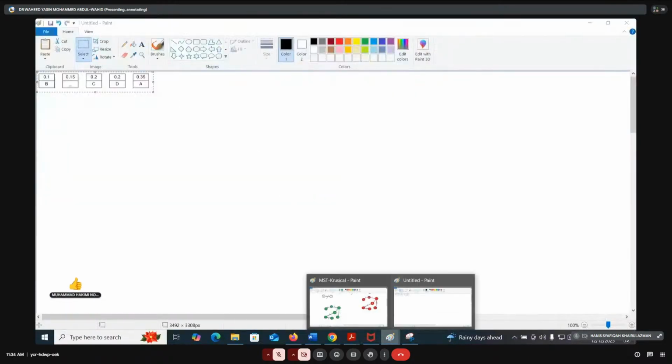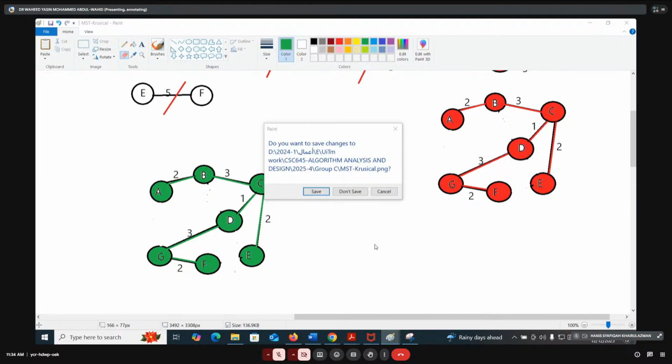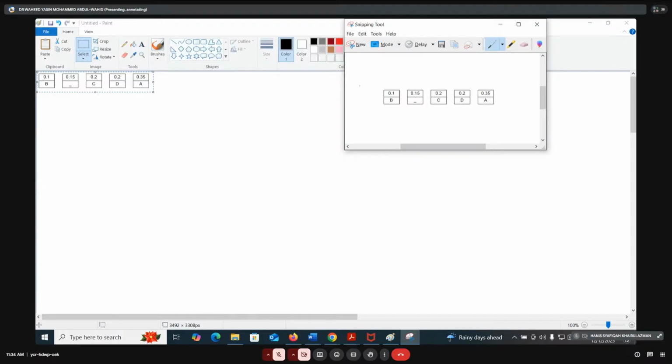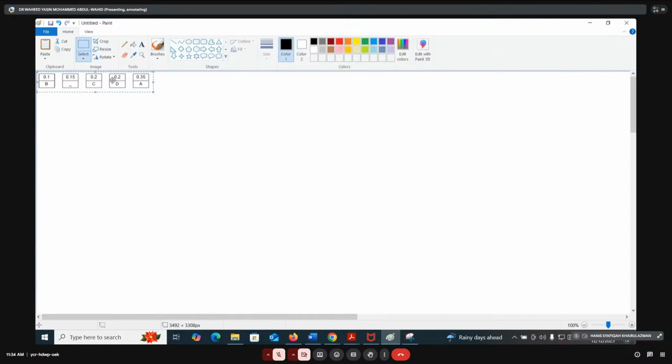Yes. Okay, let me close this one. Okay, now 0.15, how much? The two minimum nodes. So here will be 0.25.